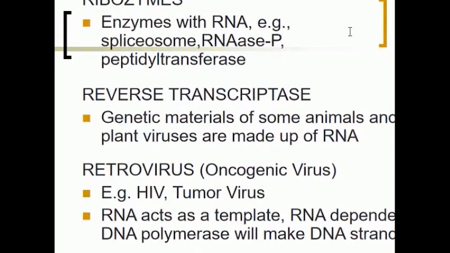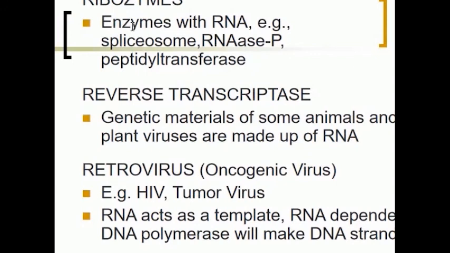All these enzymes have RNA along with proteins, whereas in the spliceosome complex the RNA itself has the enzymatic activity. Okay, what is reverse transcriptase? Certain RNA viruses cannot get incorporated into the DNA of our body because our DNA is made up of deoxynucleotides. But RNA viruses have their genetic material as RNA, right?